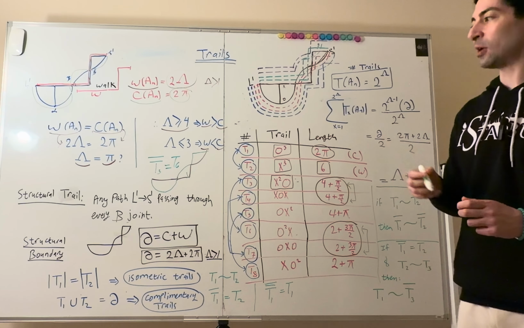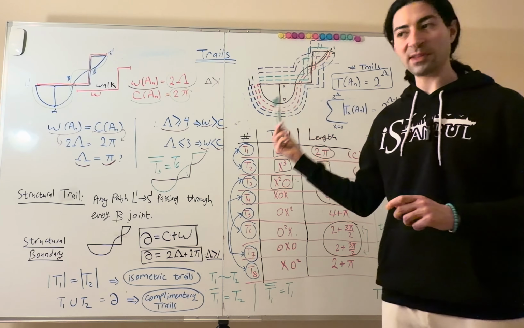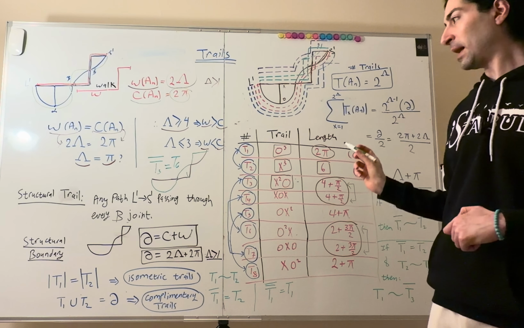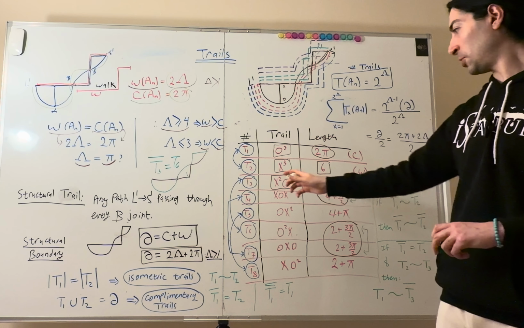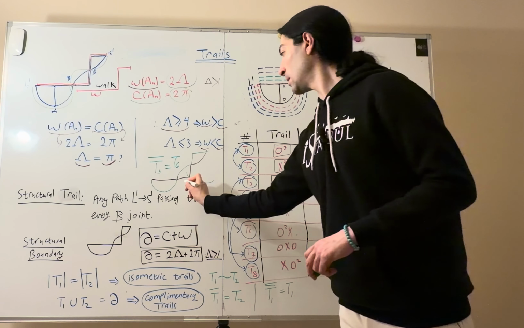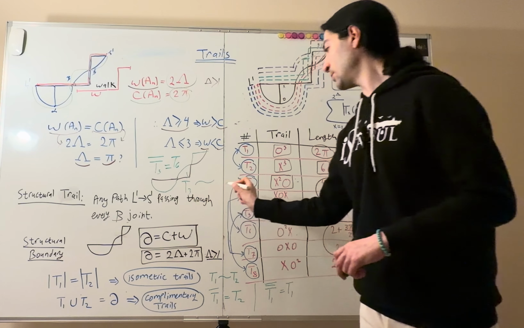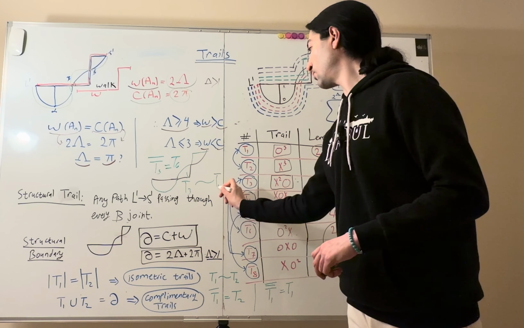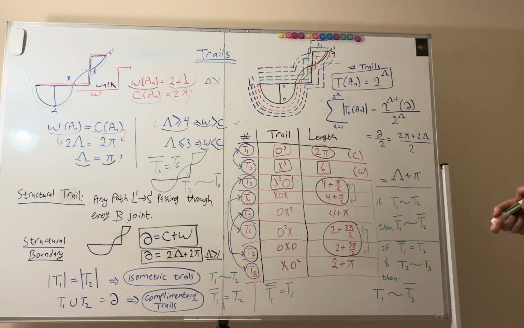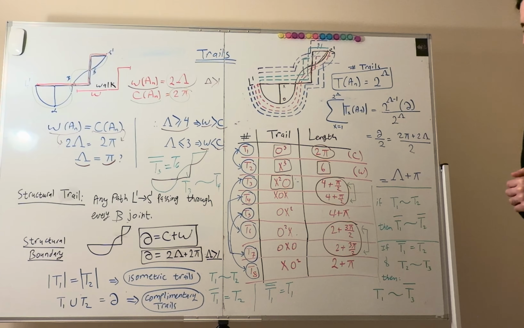And similarly, the complement of T6 is T3, and the complement of the complement gives you the initial trail. And for isometric trails, like we saw here, T3 and T4, we will use this symbol: T3 is isometric to T4.